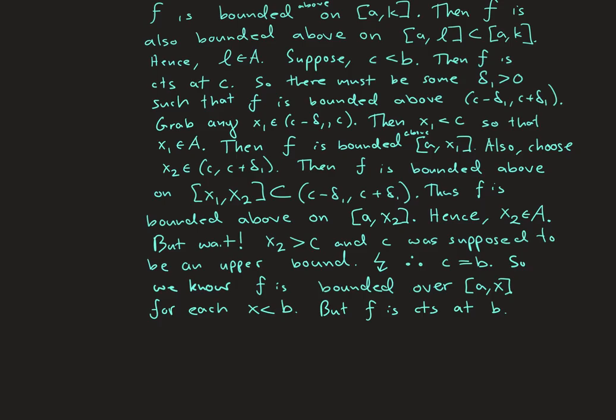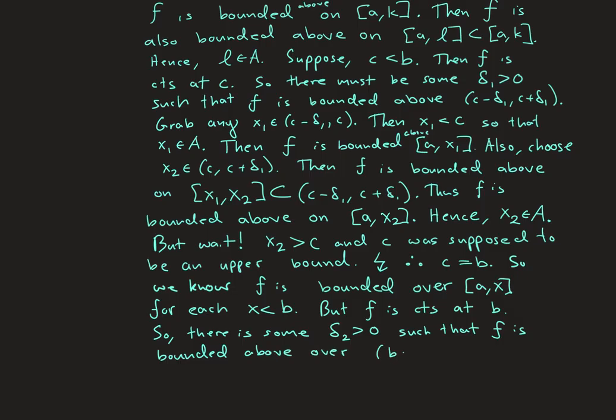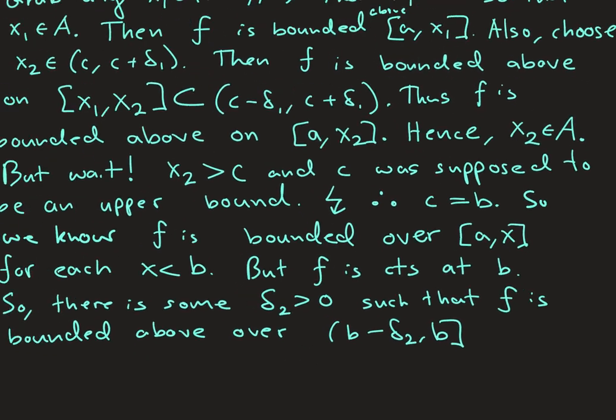But what that means is there is some delta sub 2 bigger than 0 such that F is bounded above over B minus delta sub 2 all the way up to B closed, or including B.